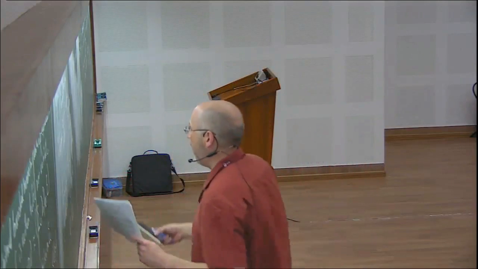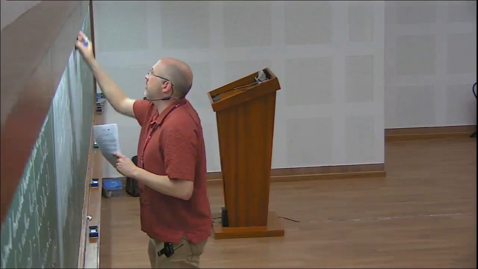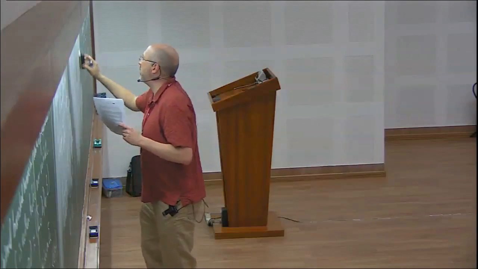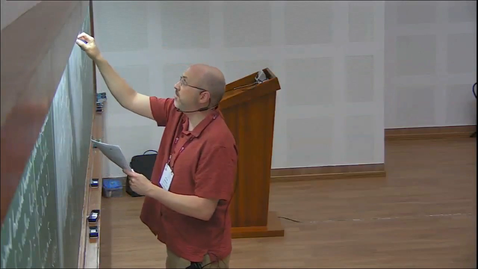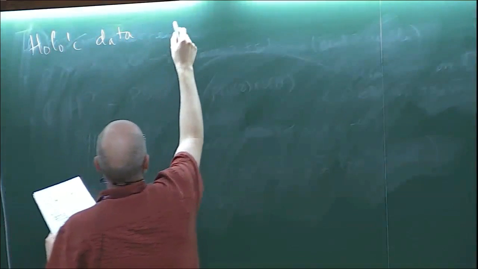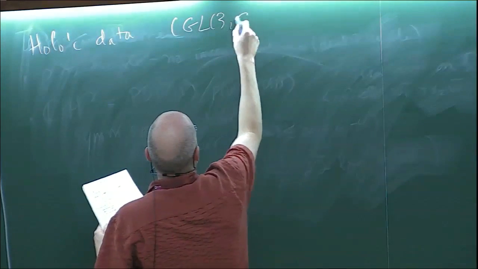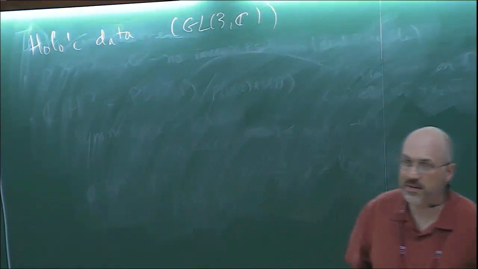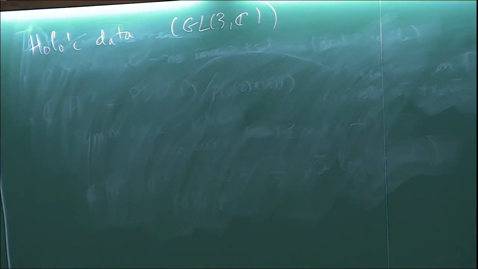So I've said a little bit about how you get from the minimal surface to some holomorphic data, but maybe I'll start from the holomorphic data side. For this, I'm going to start with the group GL(3,C), because a lot of the proof depends on the specific structure of the group PU(2,1).